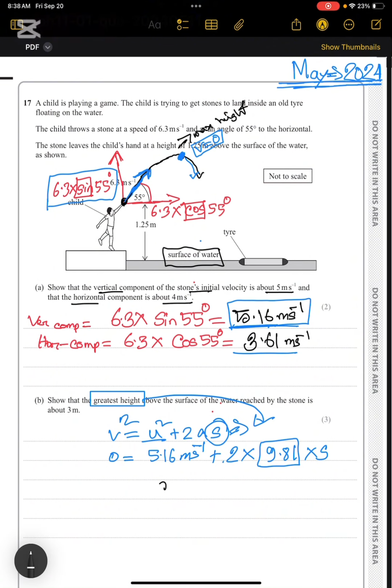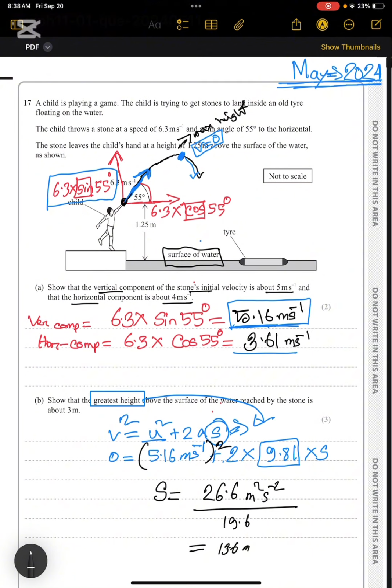In order to find out the s, if we square this 5.16, which will be 26.6 m squared s to the minus 2, divided by 2 into 9.81, which becomes 19.6. So the displacement is 13.6 meter.